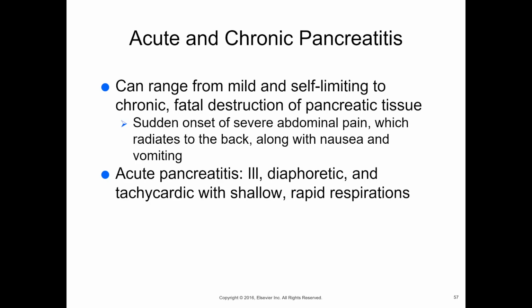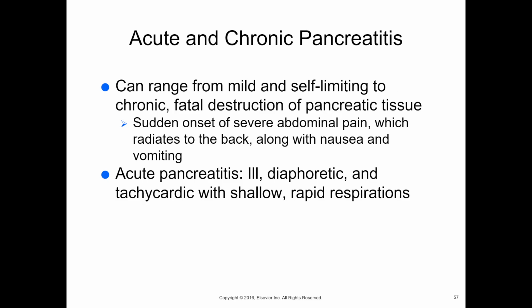Next, acute and chronic pancreatitis. The pancreas is often a very misunderstood organ because it has so many different functions. It obviously plays a role in our metabolism by regulating the two primary hormones, glucagon and insulin, with glucagon being made by the pancreatic alpha cells and insulin being made by the pancreatic beta cells.